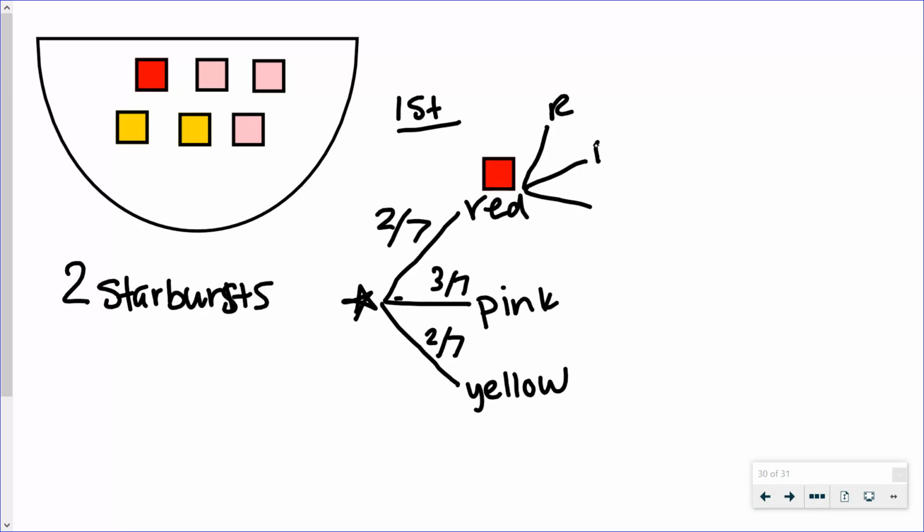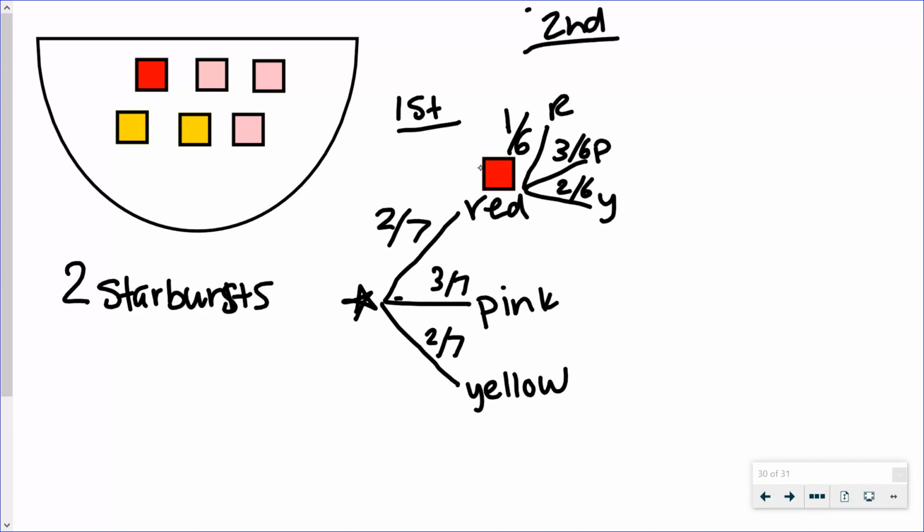But now my red, I only have 1, and my total is 1, 2, 3, 4, 5, 6. Pink, I still have 3, but my total is 6, and yellow, I still have 2, but my total is 6. So this is my second draw.